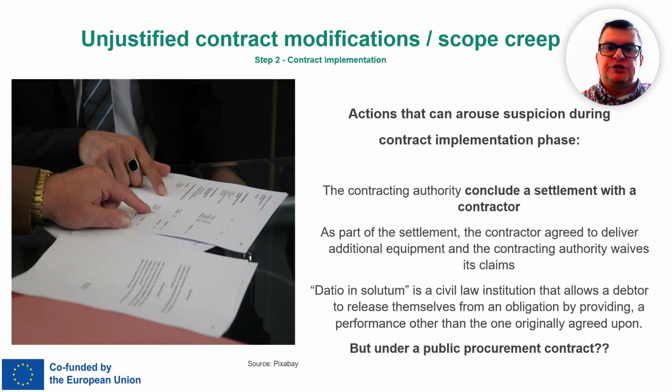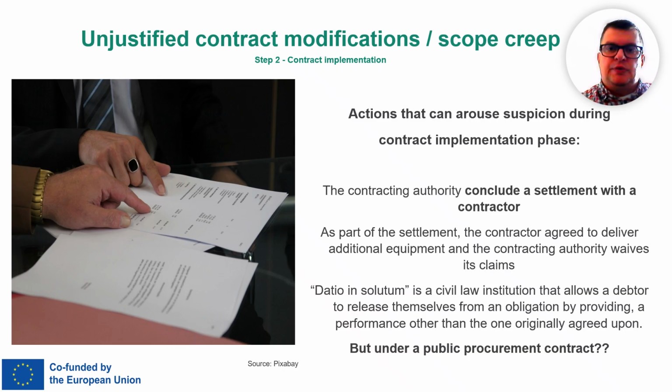Also, another action that can raise a red flag or arouse suspicion is when the contracting authority reaches a settlement with the contractor, and as part of that deal, the contractor agrees to deliver some extra equipment while the contracting authority waives its claims. This could look questionable.